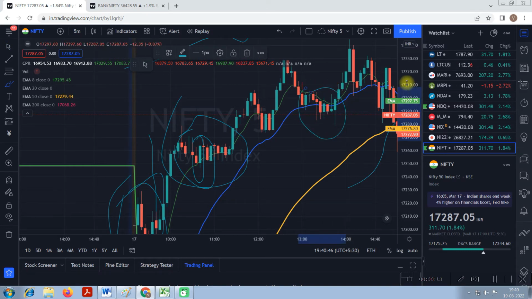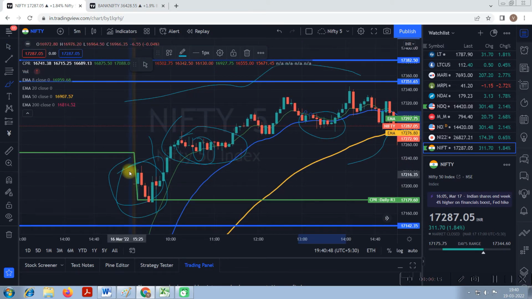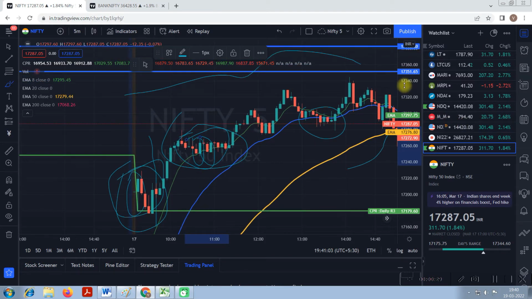I am repeating: if the market opens with a huge gap up, don't enter at the first, second, third or fourth candle. Wait for the market to touch the 8 moving average. Whenever the market touches the 8 moving average and bounces back, enter at that candle. Keep your target at the next pivot. Your stop loss must be at the 20 moving average.